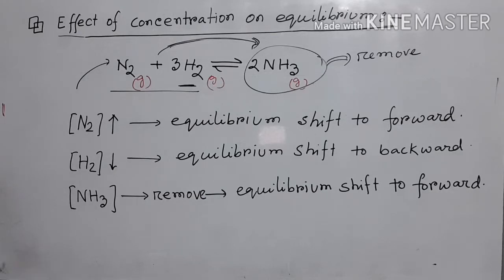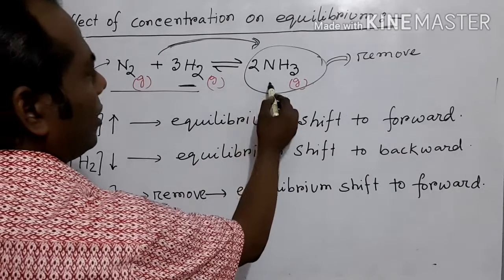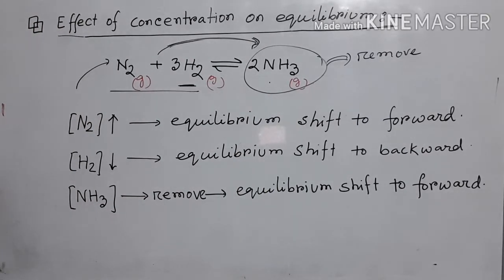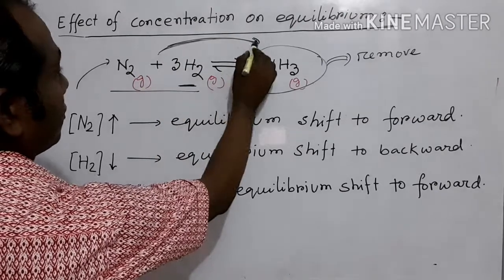And if we decrease the concentration of product, then equilibrium is also disturbed, and tries to undo the change, and also shifts to forward.